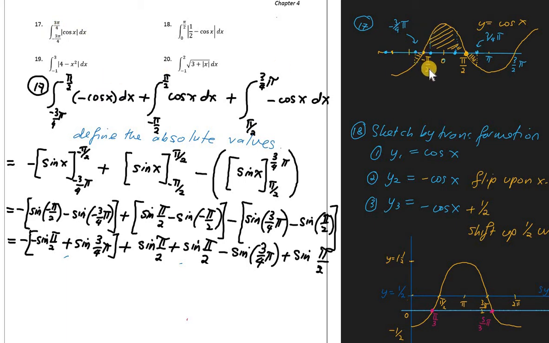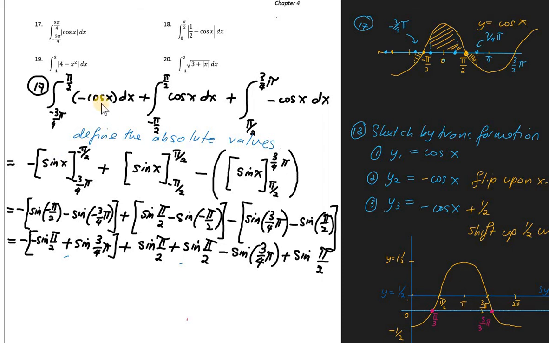And then from negative pi on 2 to pi on 2, we can read the cosine as is. As for pi on 2 until our upper boundary of 3 on 4 pi, again we need to flip, meaning introduce the negative. So you have to define this absolute first, and then only you integrate cosine.